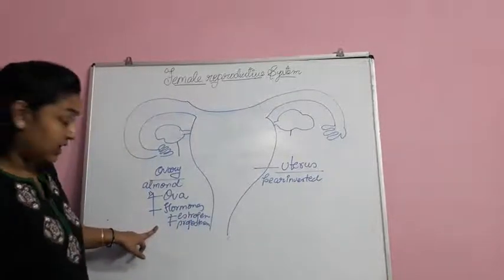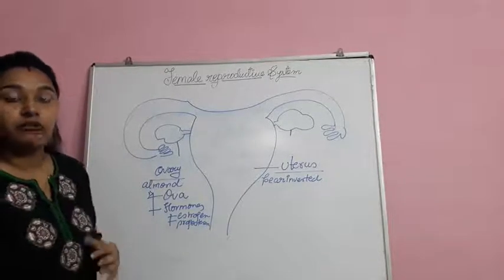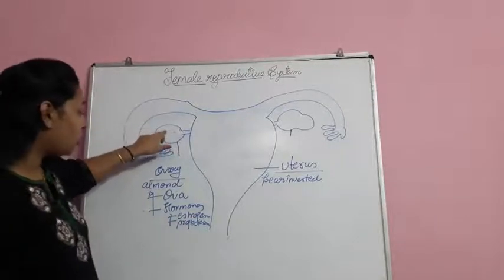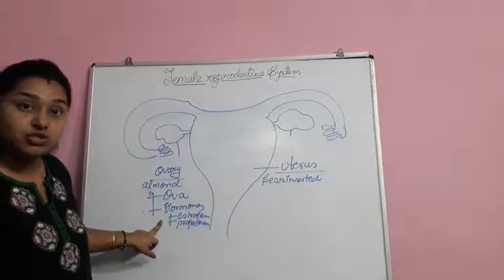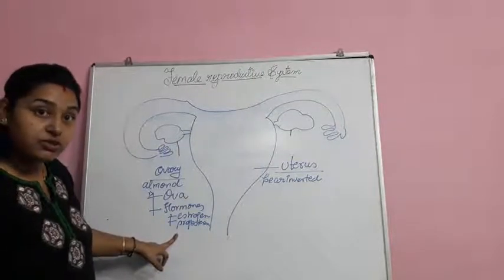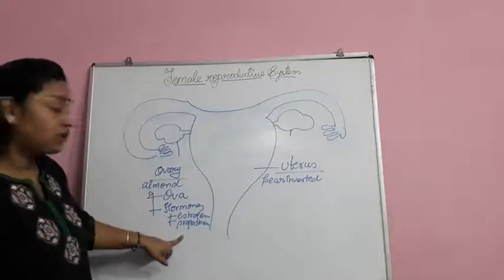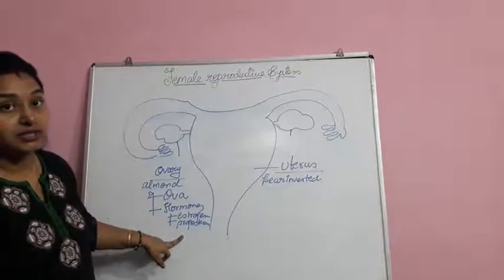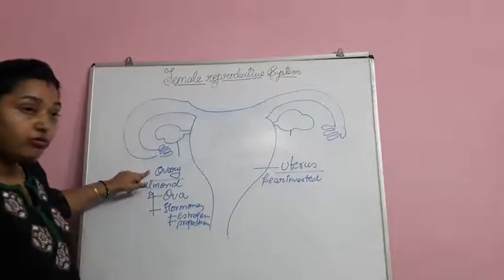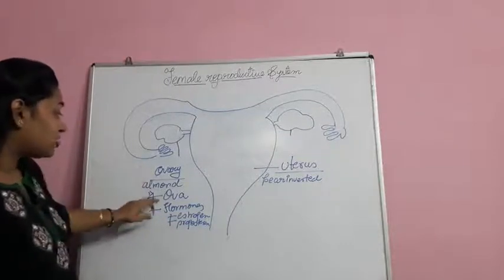Estrogen's work is to maintain the follicles in the ovary, whereas progesterone is released from the corpus luteum, and its work is to support pregnancy. So these two hormones are secreted from the ovary, and the ovary also secretes the ova.